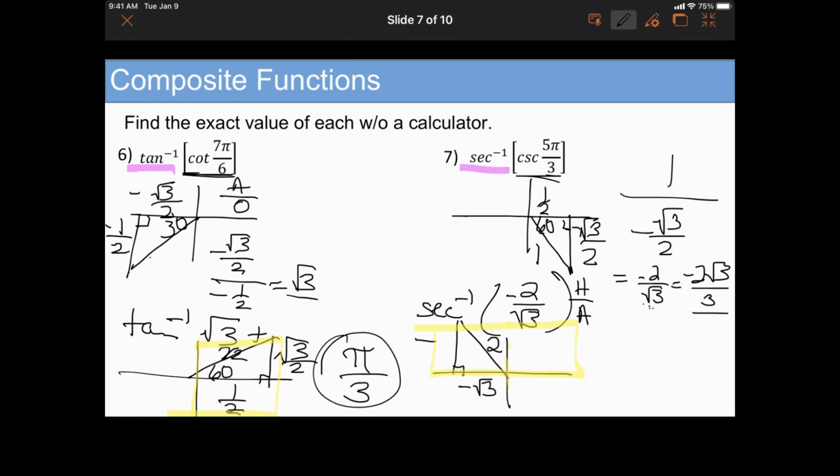Now the hypotenuse is always positive, so this negative is going to actually go with the root 3. This is going to be 1. If I divide everything by 2, so what angle is that? Well, this is going to be 30. So my angle here is 5 pi over 6.